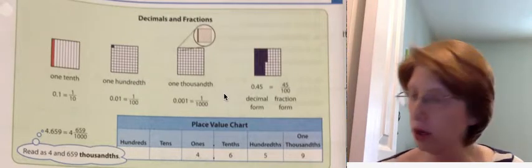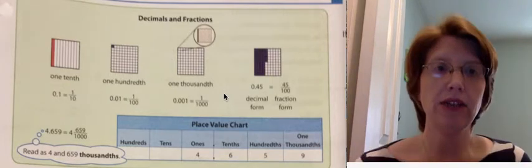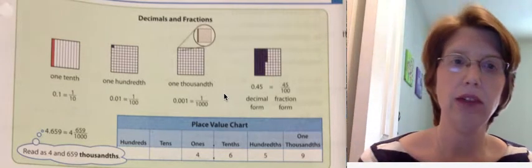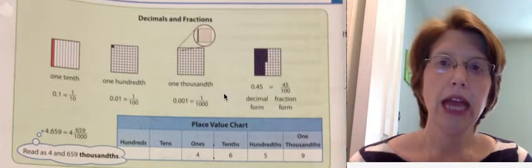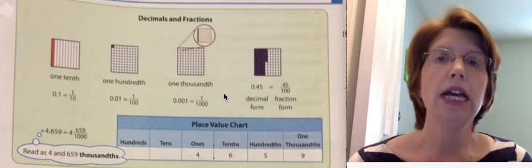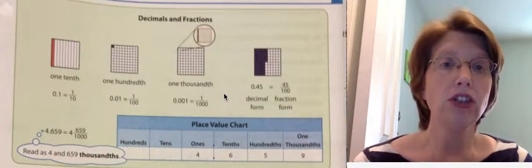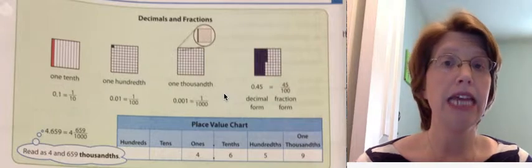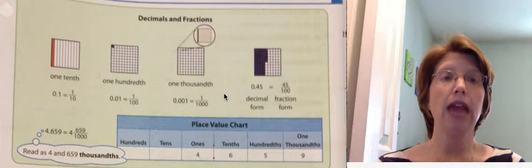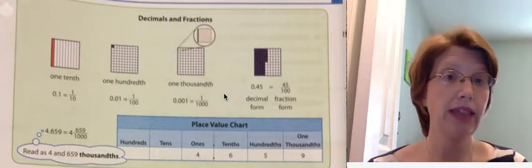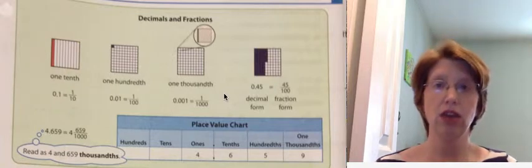Okay, so I am on page 297. Go ahead and tear that out and get that out with me. Decimals are fractions that are using a base of 10. So we can have a base of 10, then hundredths, then thousandths, then 10,000ths, 100,000ths, okay?